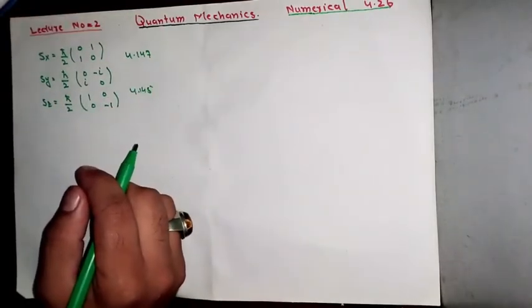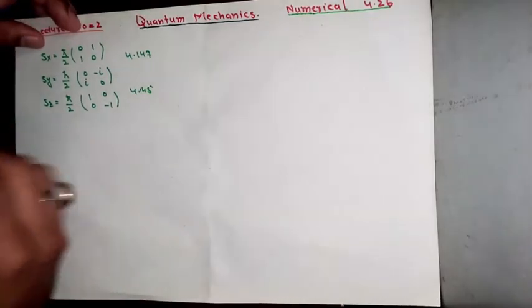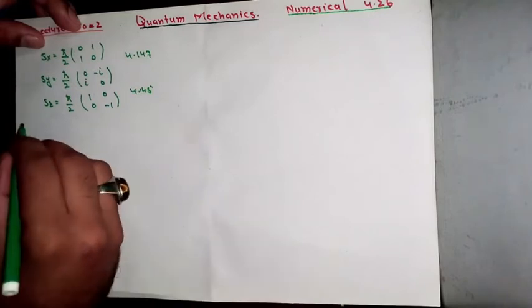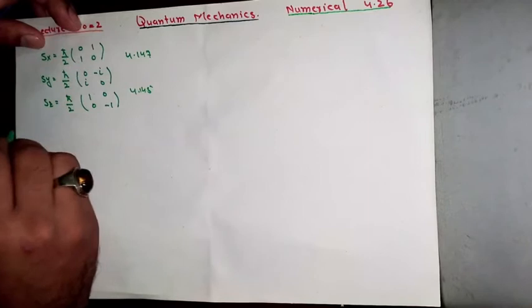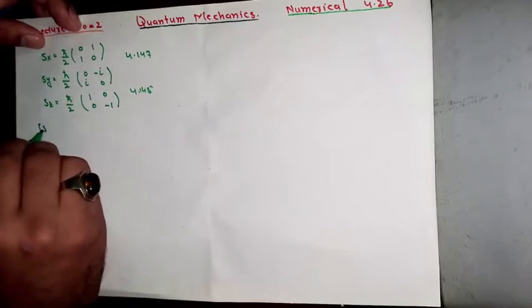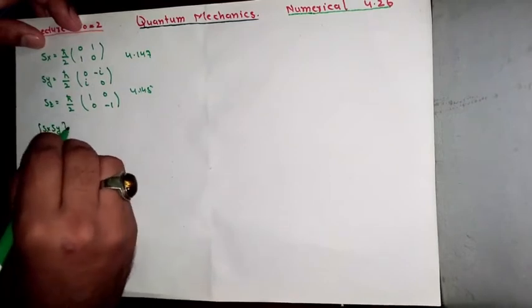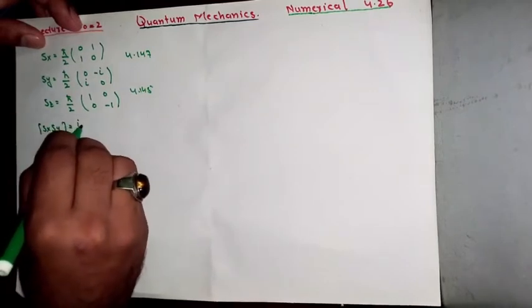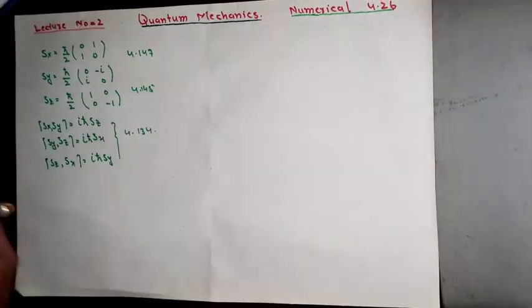So we have to show that these follow the commutation relation for angular momentum, that is equation 4.134. So that is, the commutator of Sx and Sy is equal to i h bar Sz.